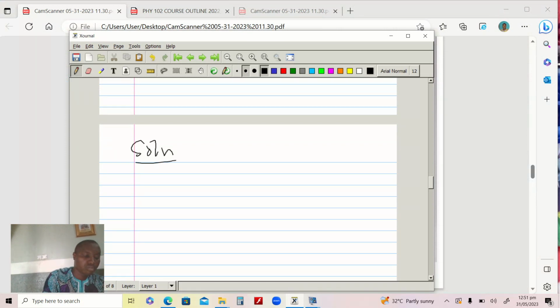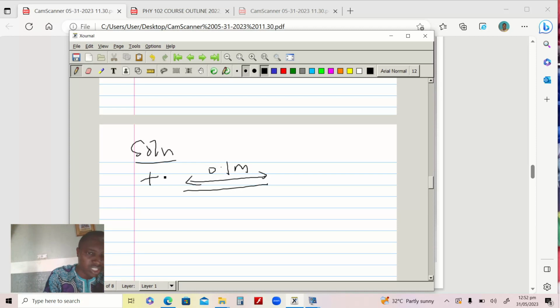Solution now. The first thing is to learn how to draw. You must learn how to interpret all this in the drawing. So let the point P be 1 meter from the charges. We have 0.1 meters, which is the separation between those two charges.